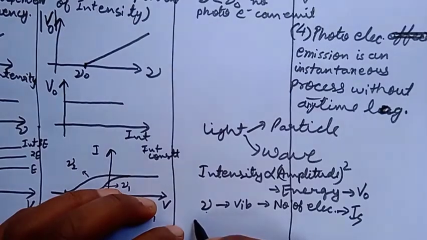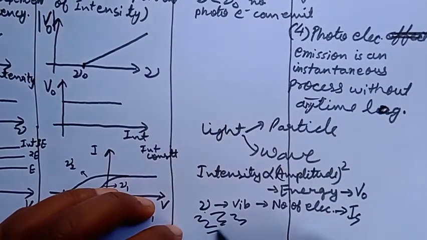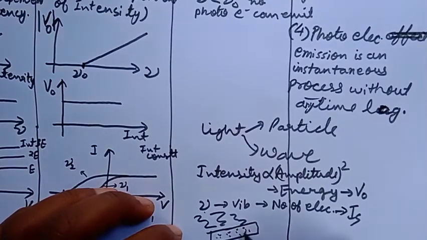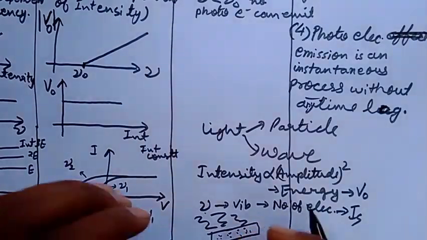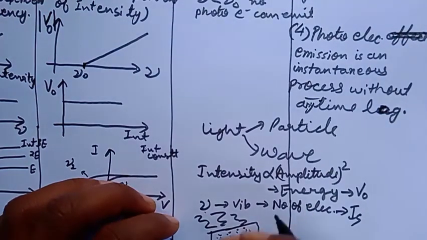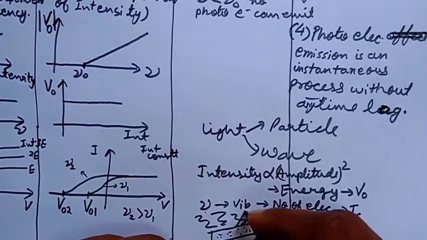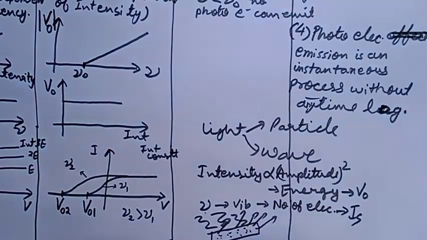However, according to wave theory, the radiation will be incident on the metal, then all the electrons will get that energy and start vibrating, and after they reach the resonant frequency of vibration, they will be ejected. So according to wave theory, there must be some time lag, but experimentally it was found to be an instantaneous process.